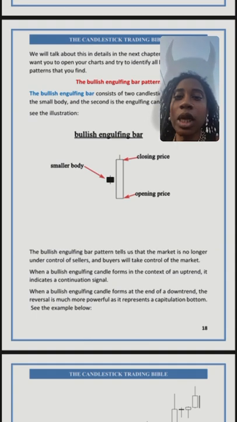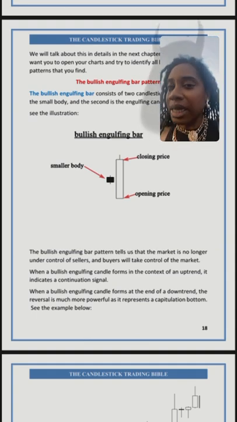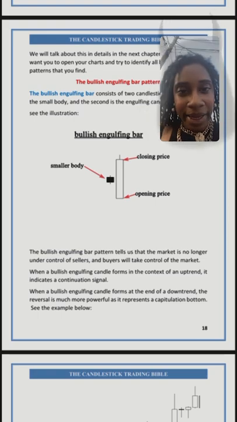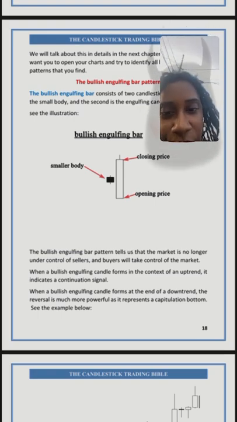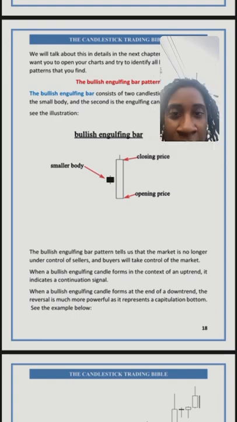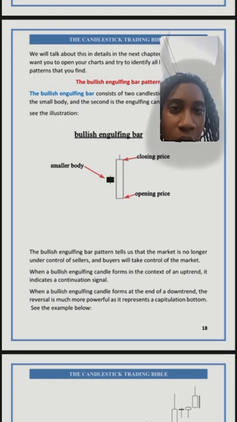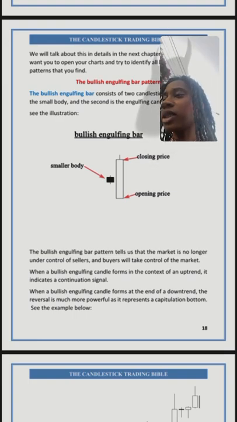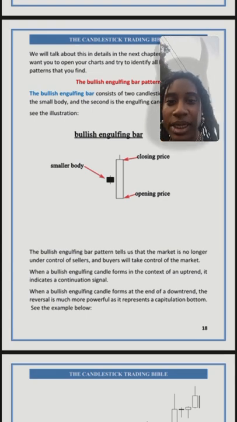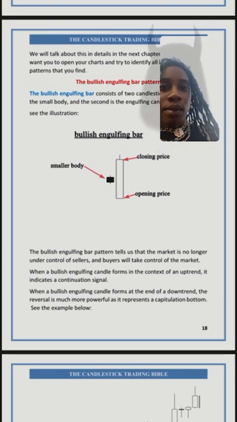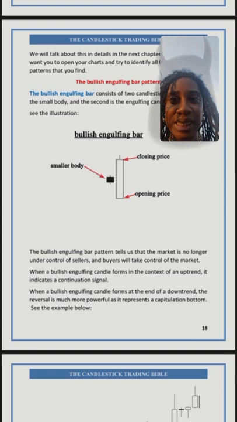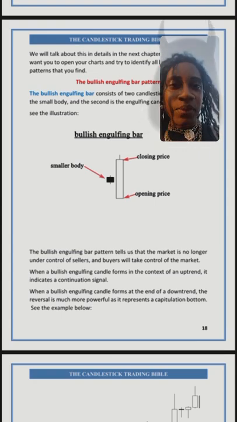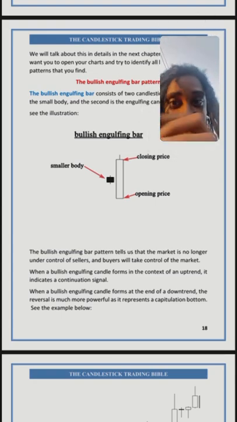If you see this, you shouldn't be getting in for a sale. You should be getting in for a buy, because the buyers are taking control. Basically the buyers engulfed the sellers here. Easy peasy.